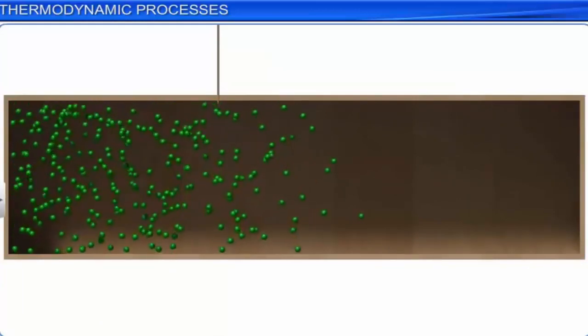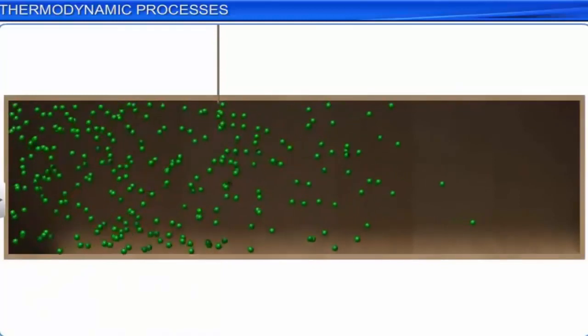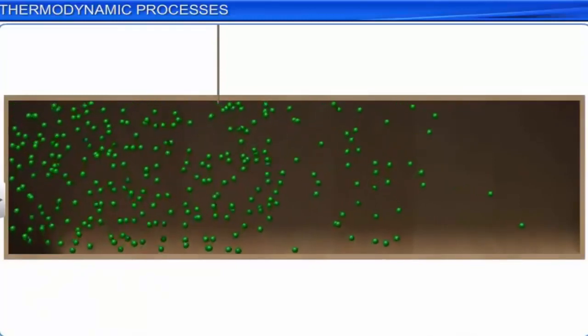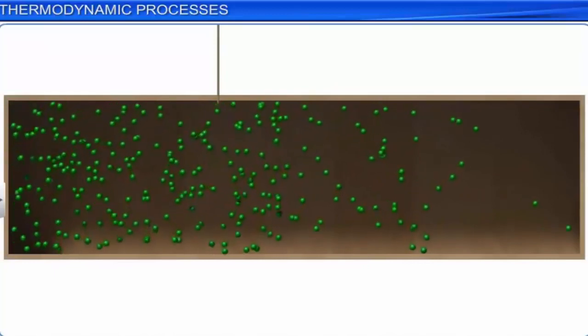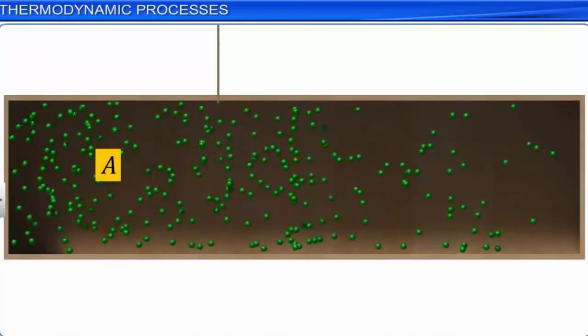During this free expansion, the pressure and temperature of the gas are not uniform throughout. For example, if A, B, and C are three different locations within the box as shown, then the pressure and temperature at A, B, and C are different.